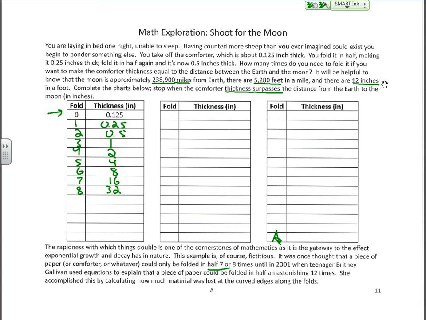In theory, though, it was only in 2001 when Brittany Gallivan said that it's possible to actually fold something 12 times if you take into consideration the substance lost in the folds themselves. But your job, how many folds will it take that comforter to get from the Earth to the moon?